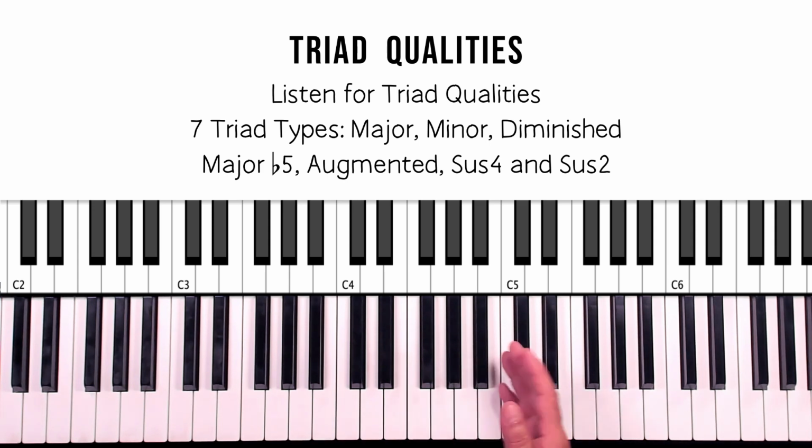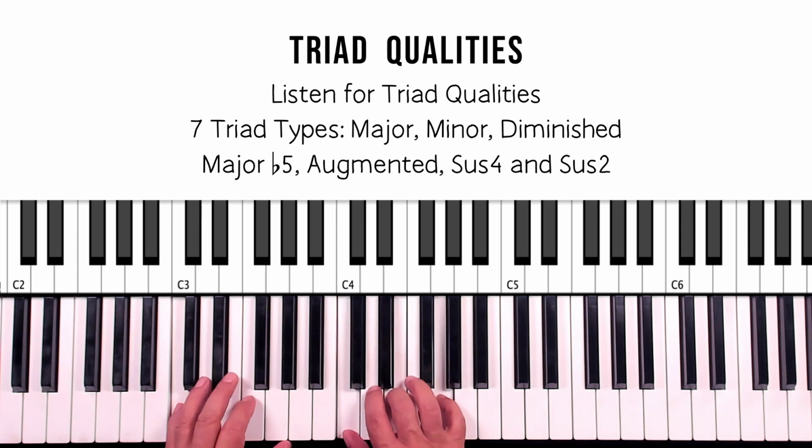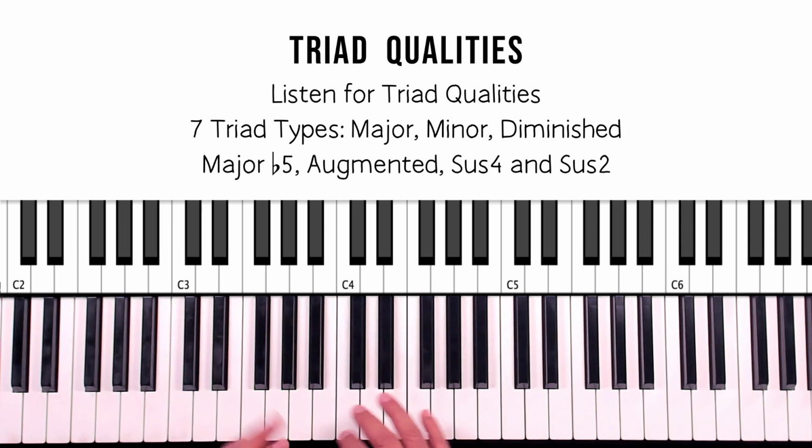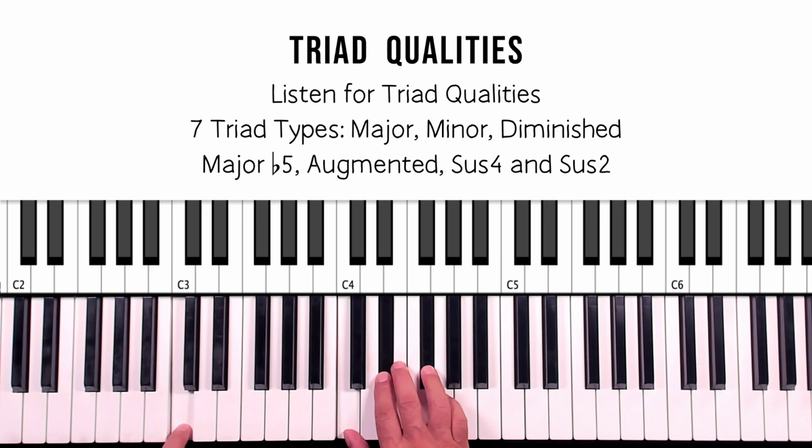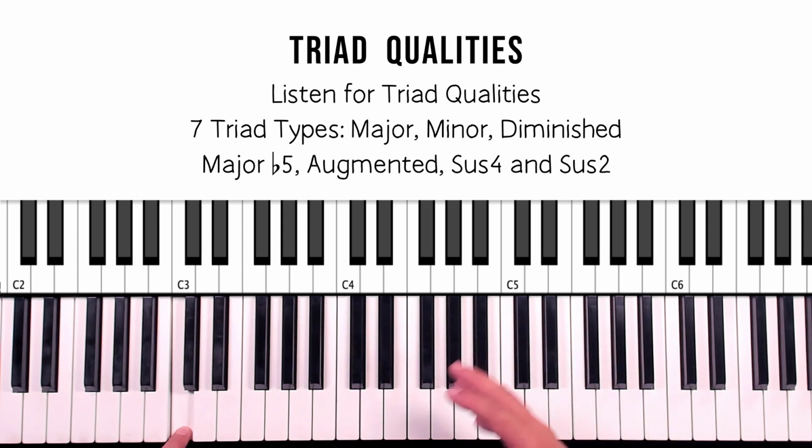But then after we feel comfortable doing this, I wanna do the third. And when I say third, I'm using more like a freer, more contemporary term. So we have a major third with major, mi, with major flat 5, mi, and a minor third with minor, me, and also with the diminished chord, me, but with a sus4, our third is gonna be the fourth, fa, and with the sus2, our third, re, is the second.